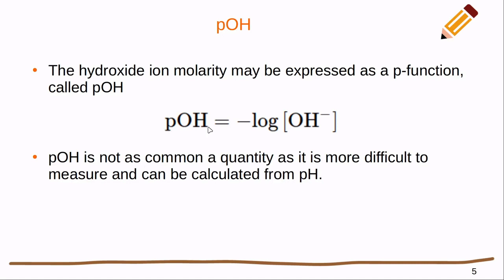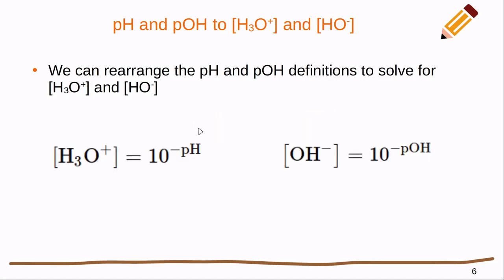And then we have the pOH, which is the negative log of the hydroxide ion concentration. We don't see pOH used as much as pH, and that's because you can actually calculate the pH from the pOH, and we're going to see how we do that in a second.